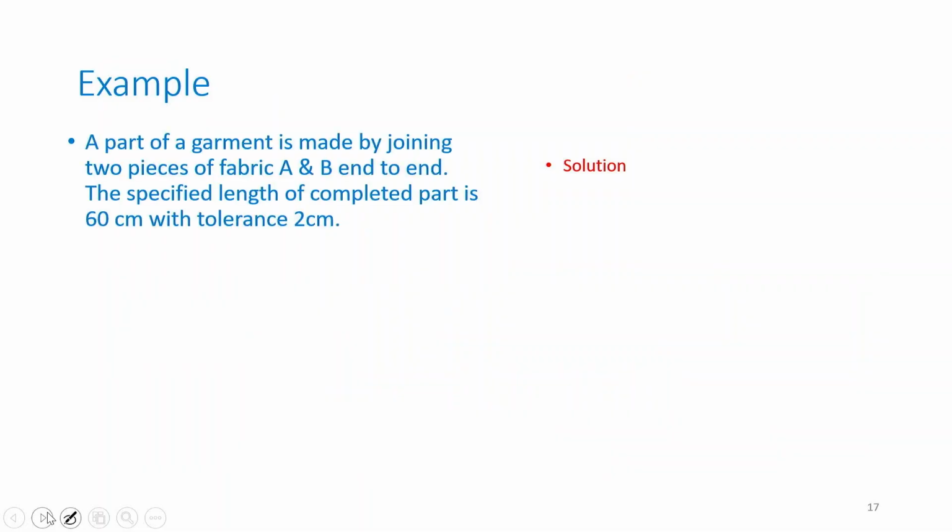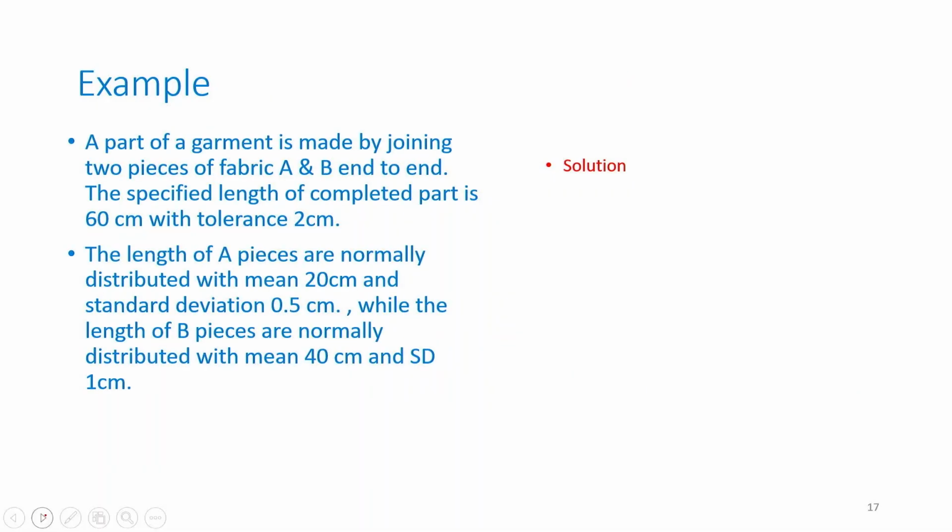Now we go for an example. A part of a garment is made by joining two pieces of fabric, A and B, end to end. The specified length of the completed part is 60 cm with tolerance 2 cm.